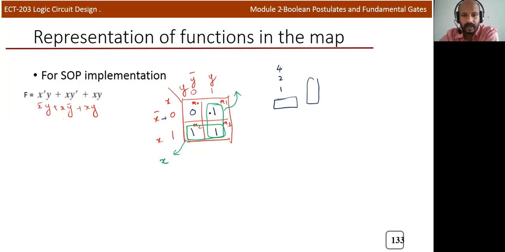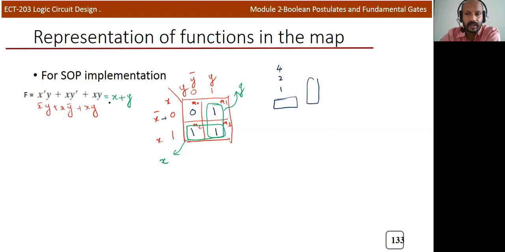But if you consider it column wise, there is a common term, that is Y. So that is the representation for group 2. We can write the result in SOP form: X plus Y. So this is the final representation of this expression.